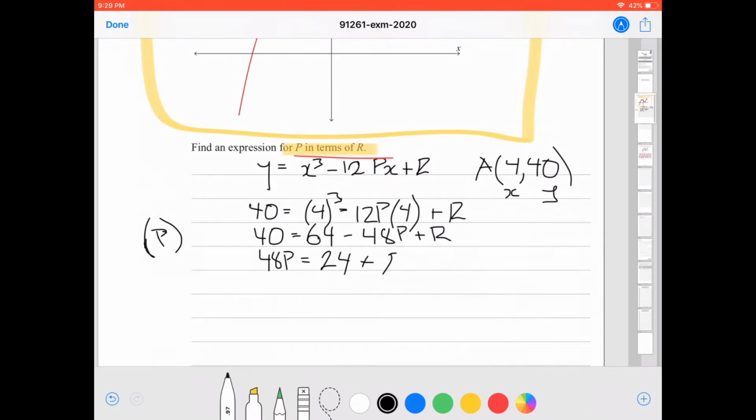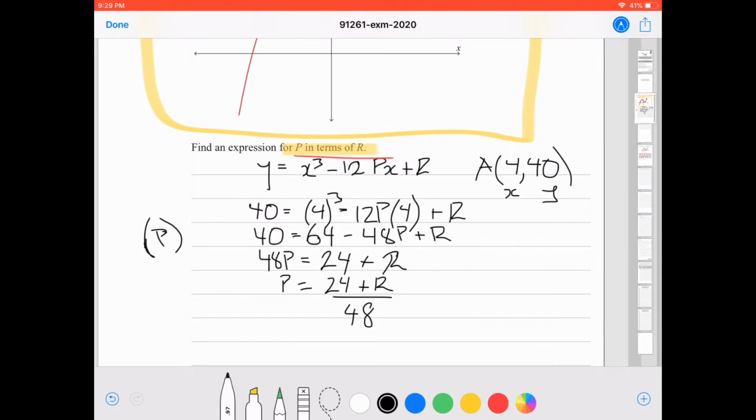And so divide by 48 on both sides to get p by itself. So we've got 24 plus r over 48. And so that is our correct rearrangement here.